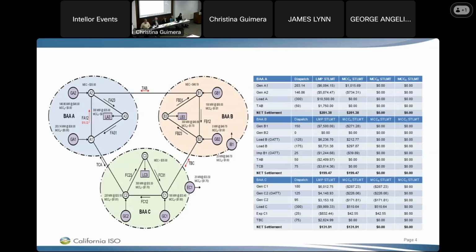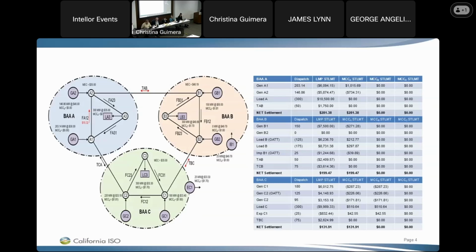In BAB, actually I'm going to jump down to BAC because that's the other BA that's not binding. In BAC, I have 180 megawatts dispatched from generator 1. Oh, I have a sign convention issue there. So I apologize.